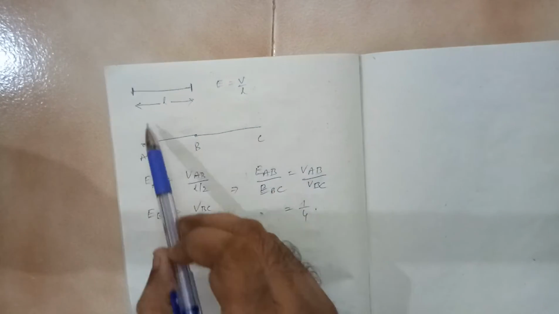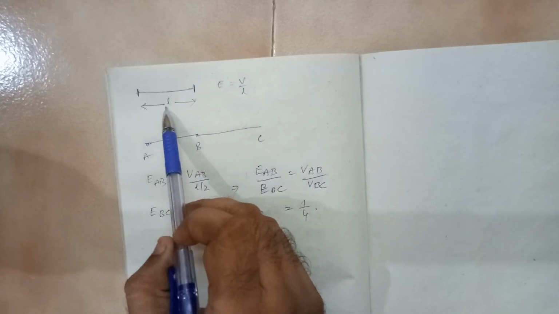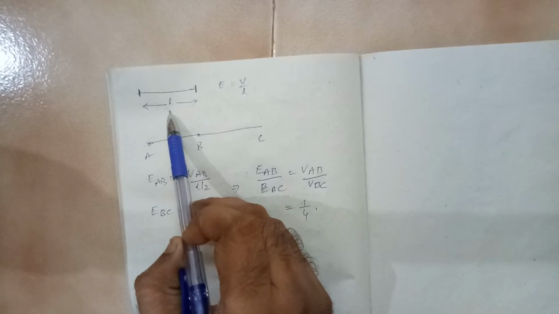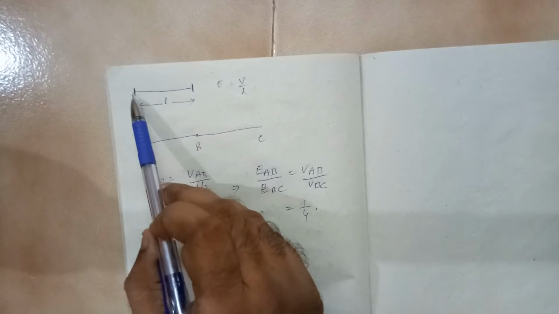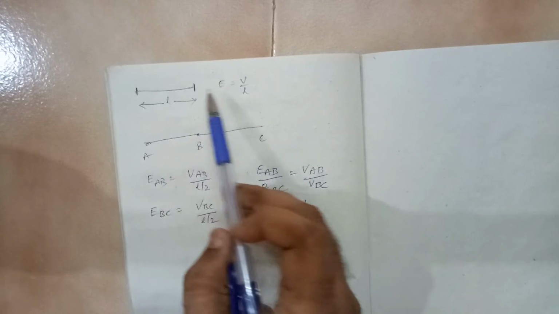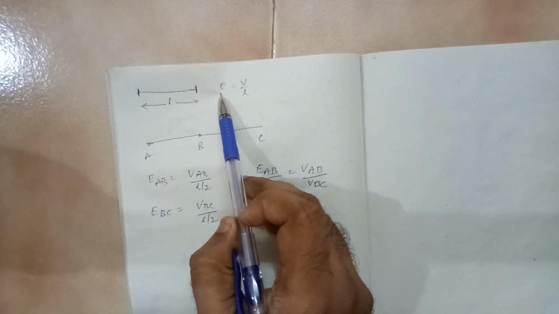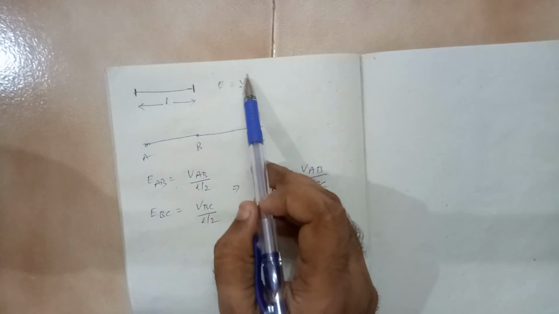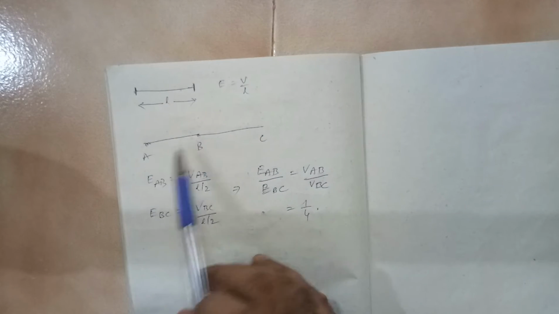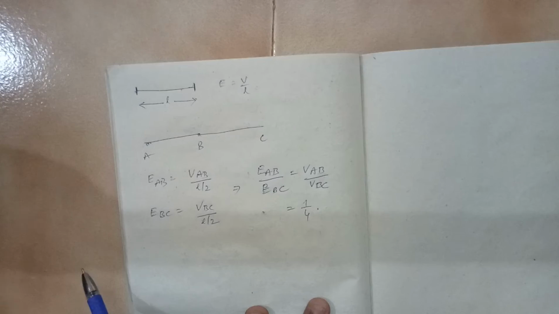For this, suppose you have a wire of length L. If you know the potential drop from this point to this point, can you find the electric field? Yes, electric field E is equal to the potential drop divided by the length. So here you can draw the line diagram for AB and BC.